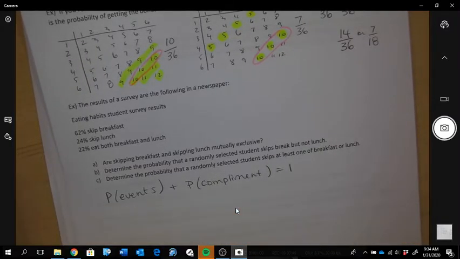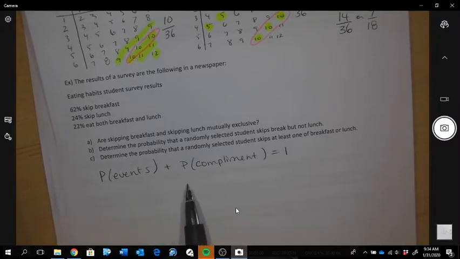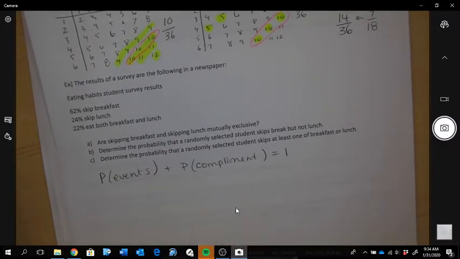To be mutually exclusive, the probability of your events happening plus the probability of them not happening should total 1. Does that make sense? Just like how we did at least 1 boy in the last one, we did 1 minus no boys, because those should add up to 1.